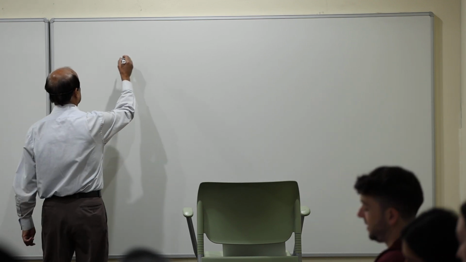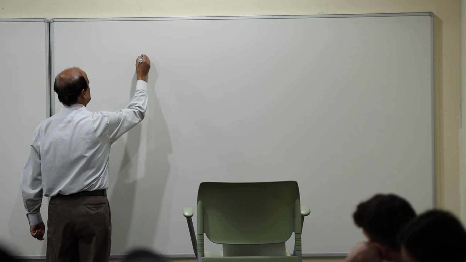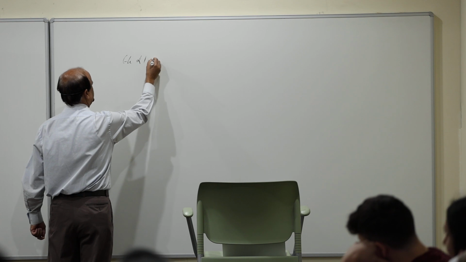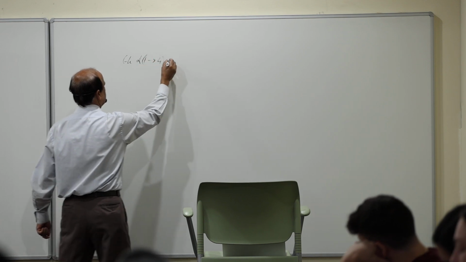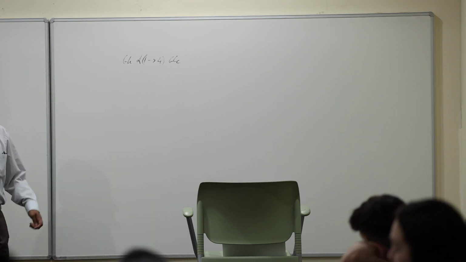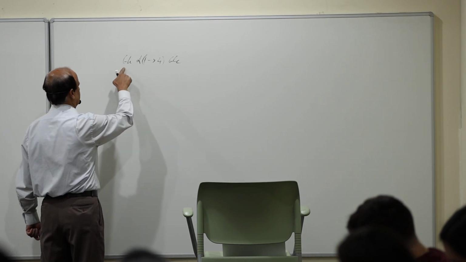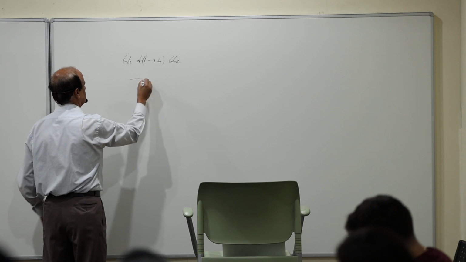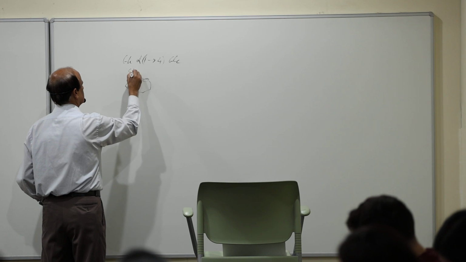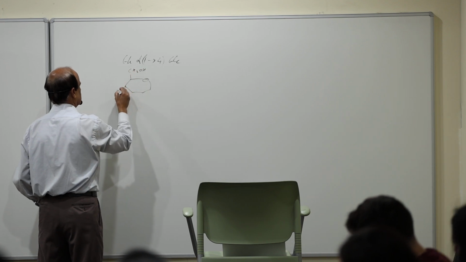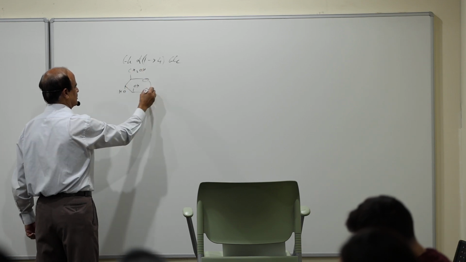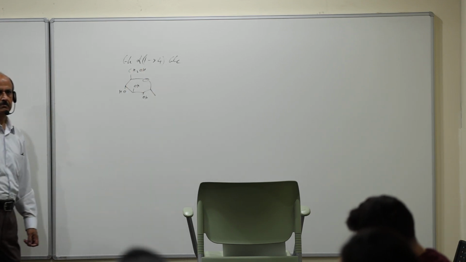So the first name, alpha, for example, alpha 1,4 glucose. This alpha refers to the first one. If you are drawing a Haworth projection, this alpha means the OH is pointing down.